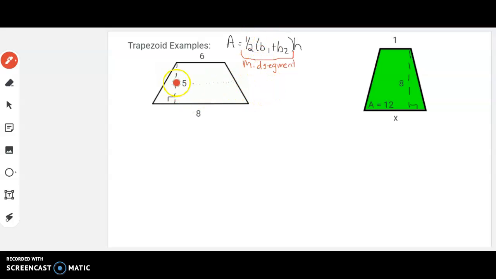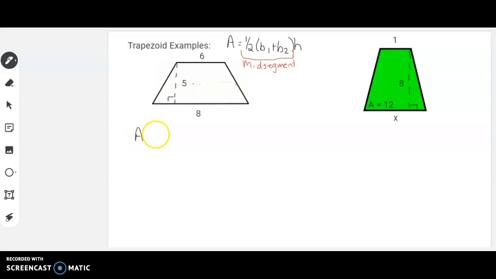So that's why we're taking the average of the two bases and halving them. That gives us the mid-segment right at the midpoint of both sides and connecting. And then, of course, we have the height. That is related to kind of the parallelogram part.